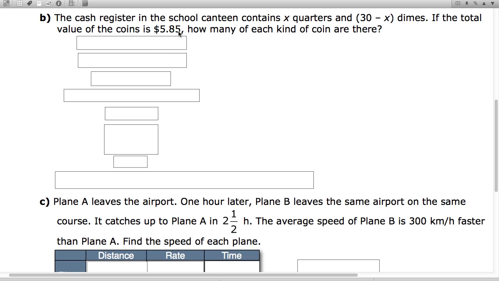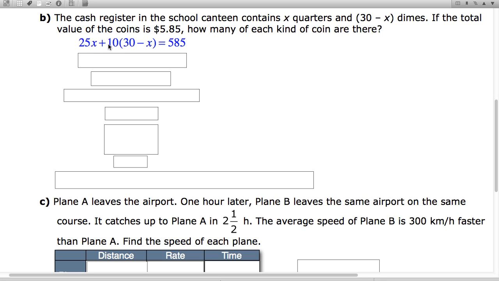So $5.85, we could use the 5.85, but why don't we just work in cents? Quarters, they're worth 25 cents. Dimes, they're worth 10. So I'm going to do 25 times x, and that'll be the total value of the quarters: 25 cents a piece times the number of quarters.